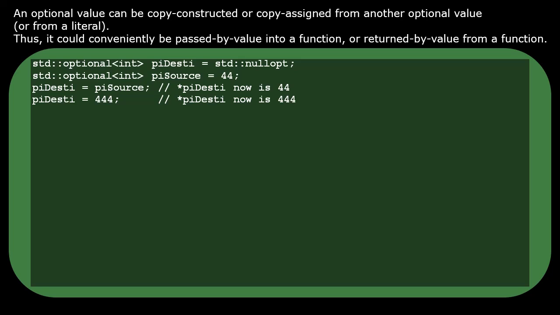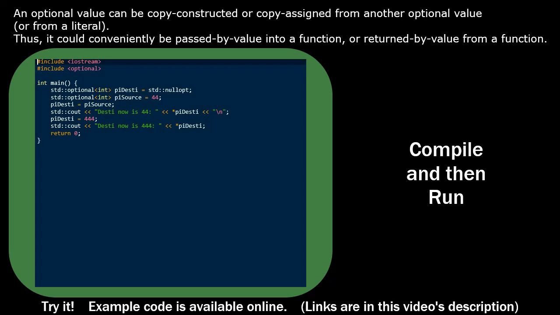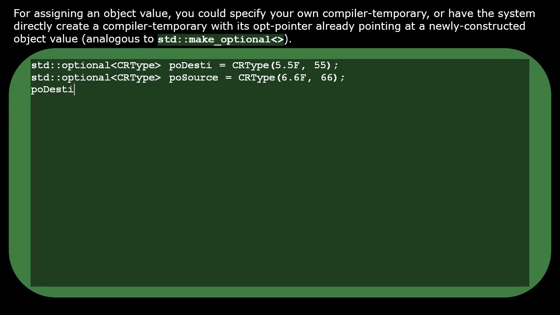An optional value can be copy constructed or copy assigned from another optional value. Thus, it could be conveniently passed by value into a function or returned by value from a function. Optional object values can also be copy constructed or copy assigned.